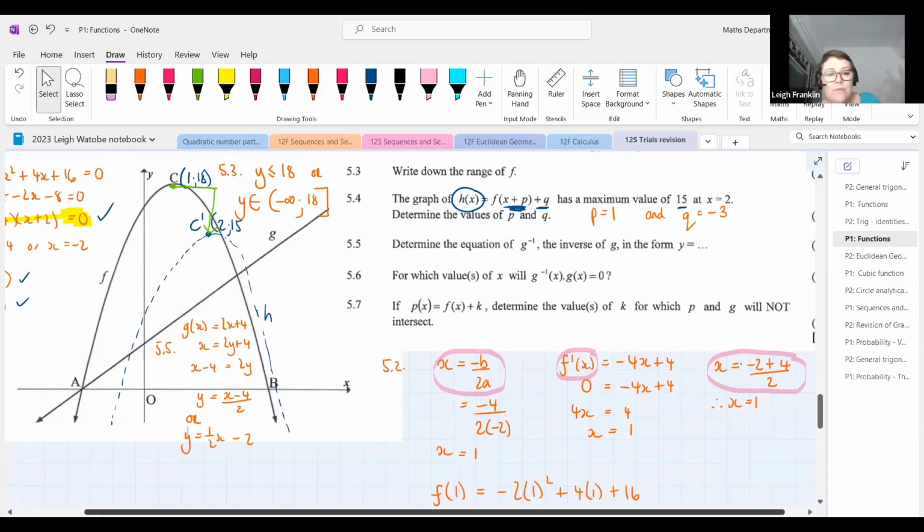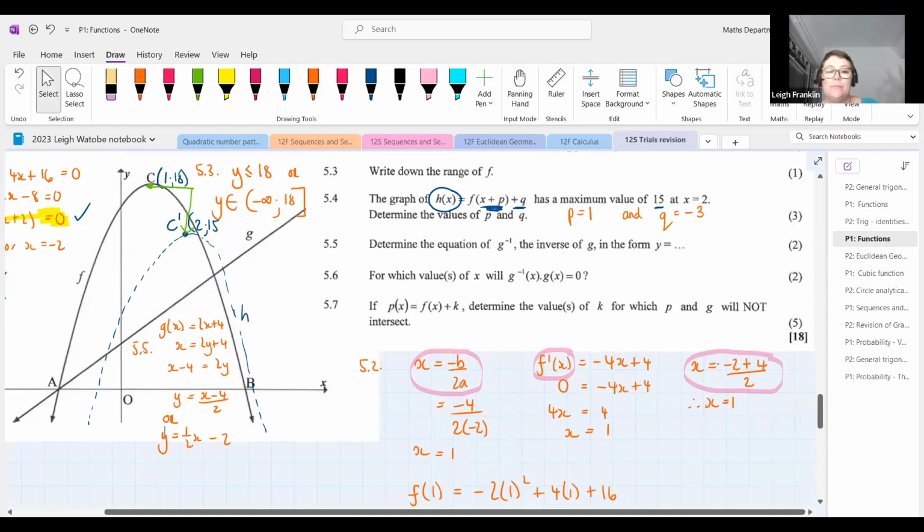Okay, now question 5.6. For which value or values of x will g to the minus 1 of x times g of x be equal to 0? So what is this question about? What are they asking us here?